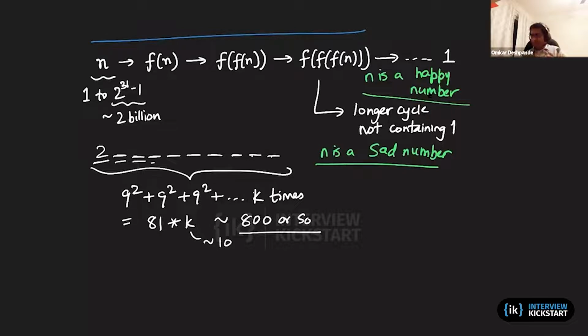In either case, it's just going to be a constant time. It doesn't matter what the value of n is. For practical purposes, it's just going to be a constant.